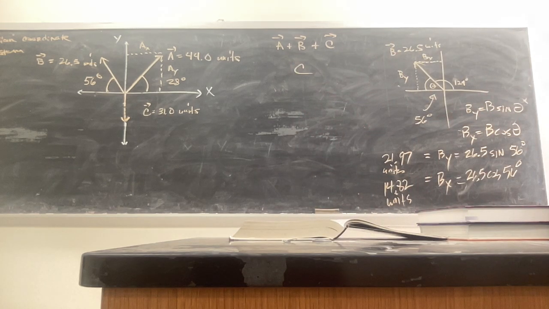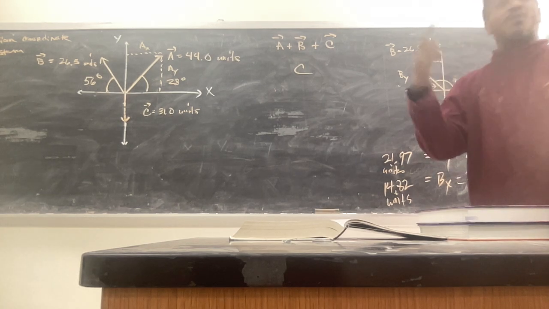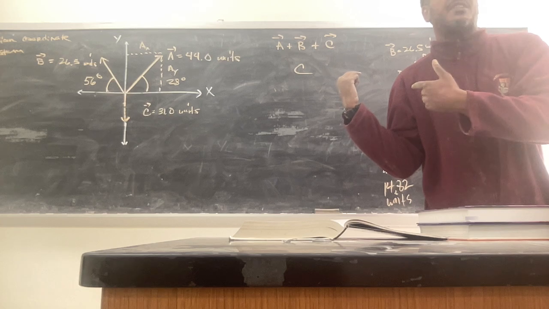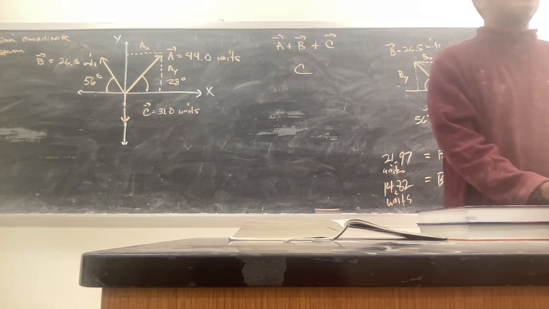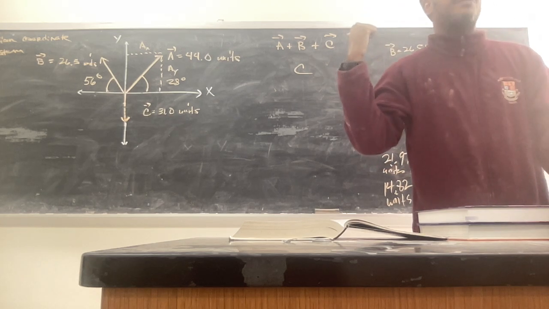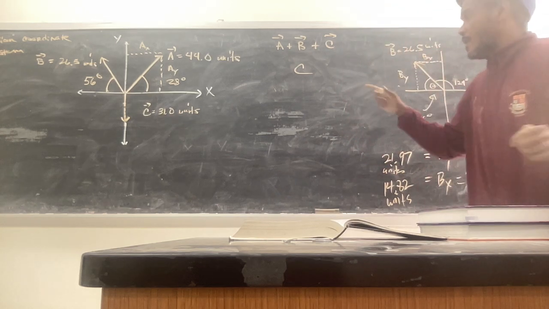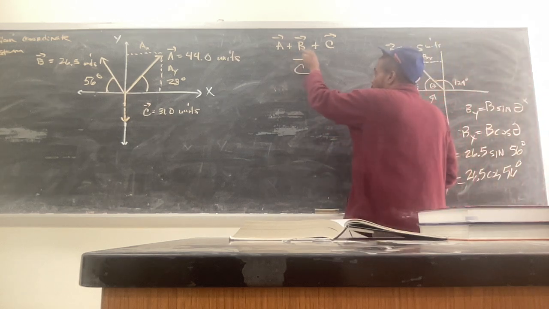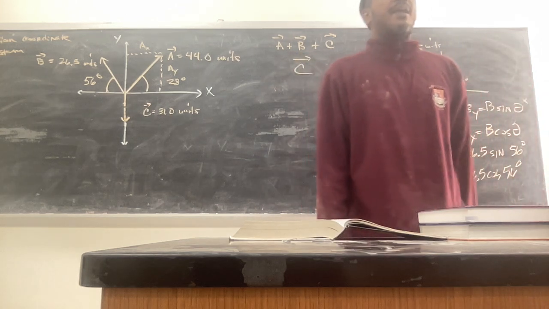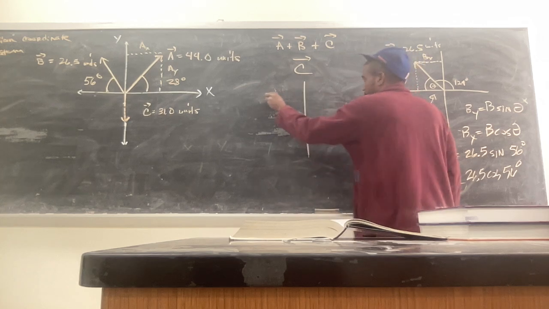I hope y'all are picking up on the words that I use, because that's a huge problem when people don't know what I mean by certain words. This is the language. What we did is resolve the vector into its components, at least A and B. Now we're going to resolve C.